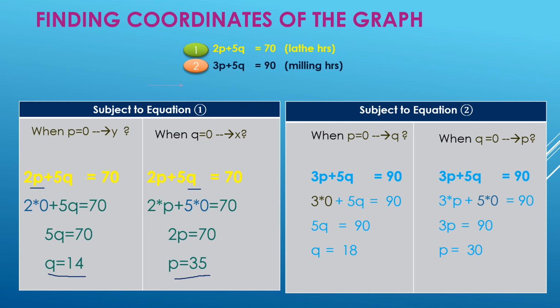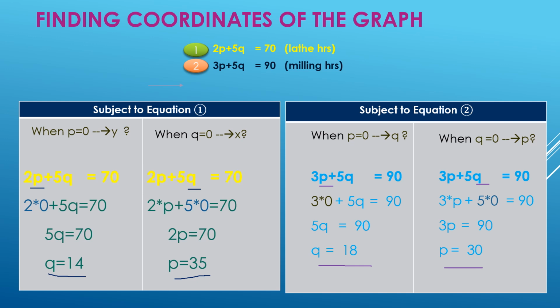When I substitute 0 for P, I derive Q as 18. Then when I assume Q as 0 and substitute it into the equation, the answer is P is 30.